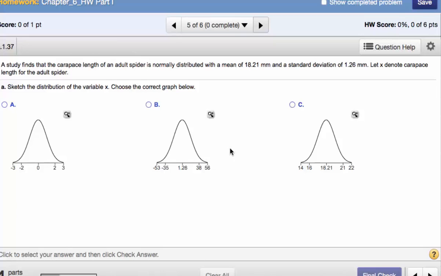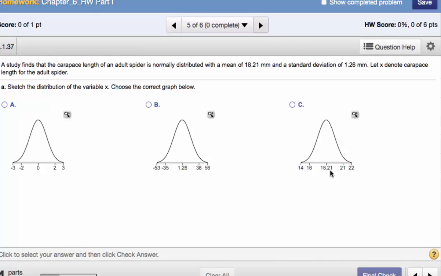So what about this first one? Is it this first one? No. The mean is what? The mean is 18.21. So most of the carapace lengths are going to be around what? Around 18.21, and so we see it right here. The height of the curve is the frequency.